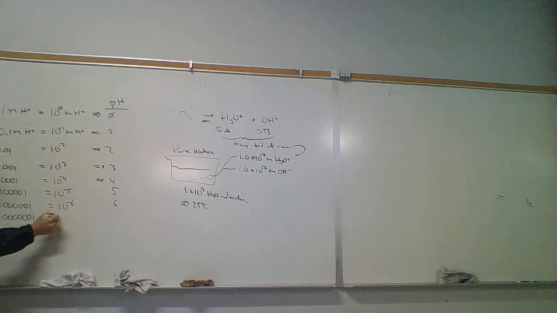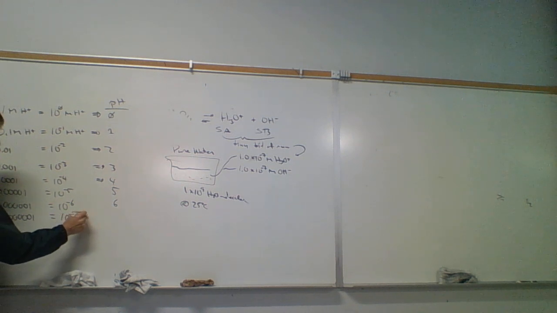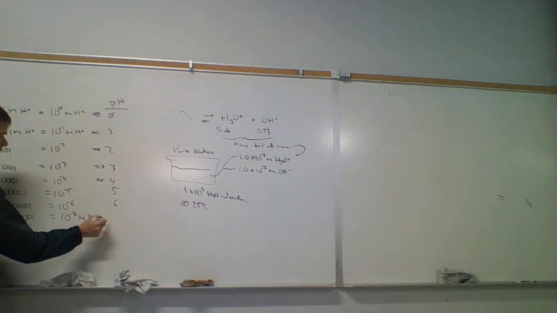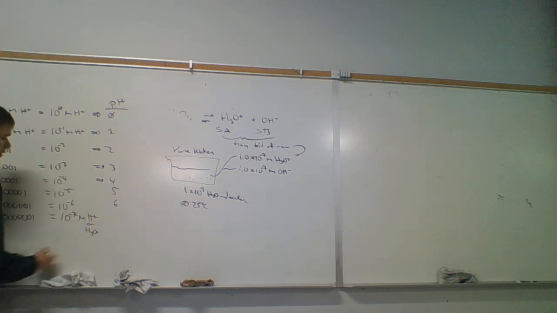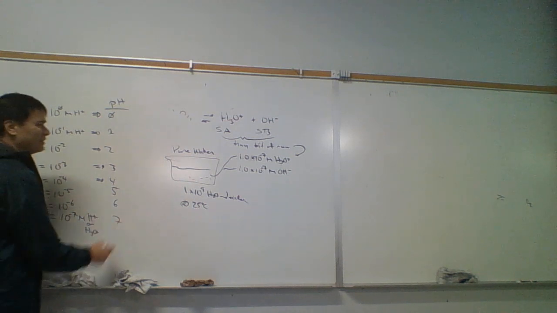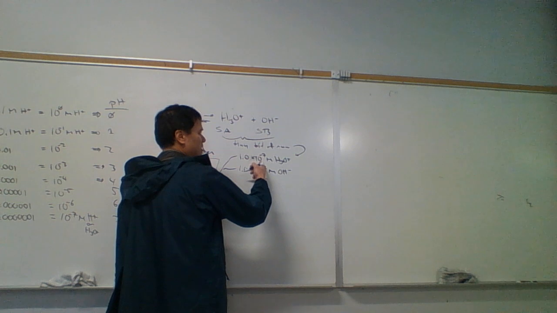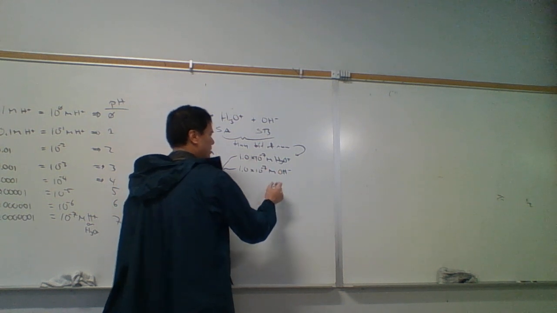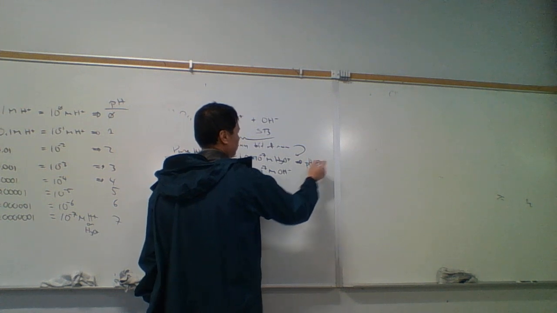Then 10 to the minus 7 molar H plus, or H3O plus. H plus and H3O plus are meaning the same thing. That's pH 7. And so pure water has a concentration of hydronium of 10 to the minus 7 molar. 10 to the minus 7 molar is pH 7.